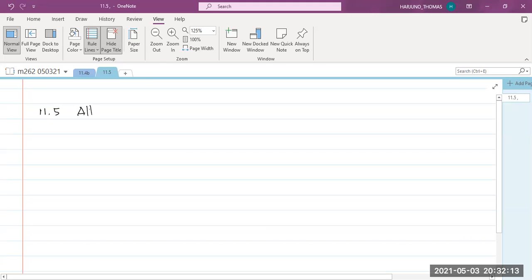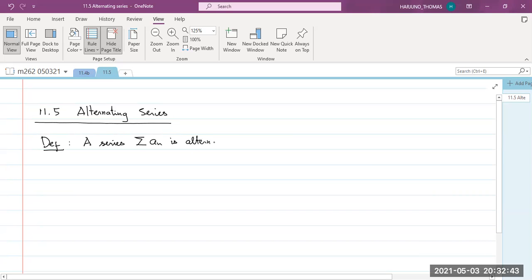11.5, alternating series. A series definition. A series, A sub n, is alternating if the sequence A sub n is an alternating sequence.